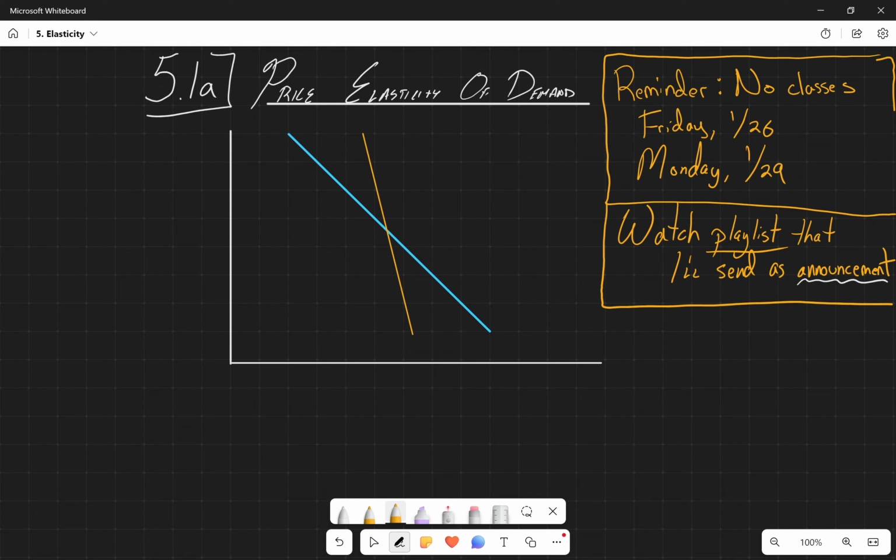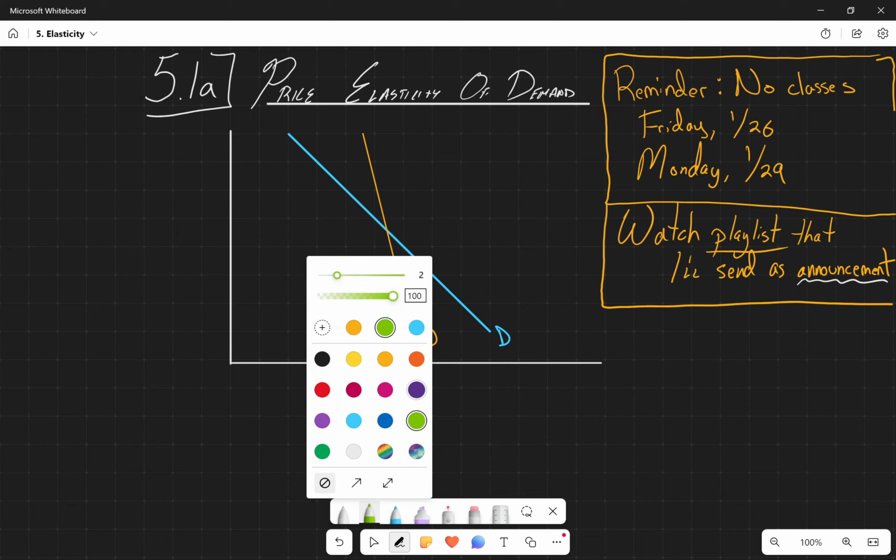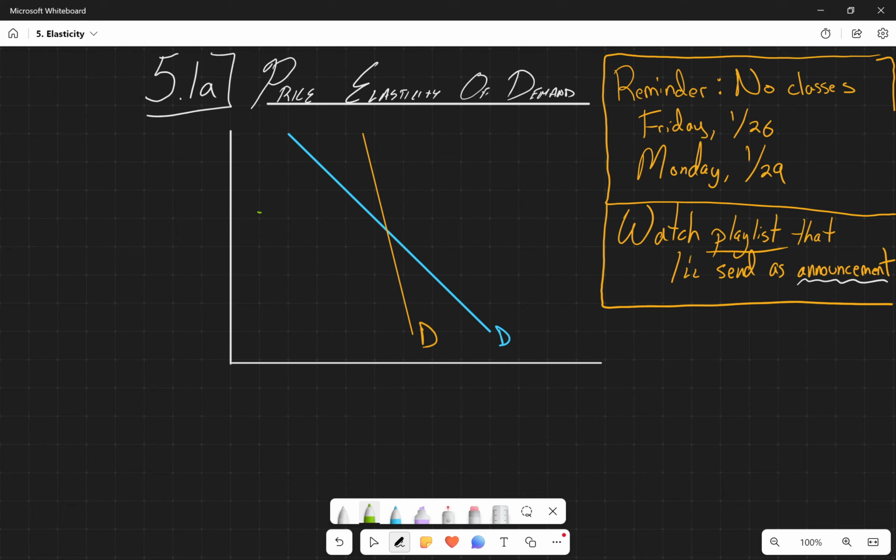And if we were to have a very shallow slope, this would also be a demand curve. We're going to talk about the different slopes that demand takes and the impact that has ultimately on total revenue.